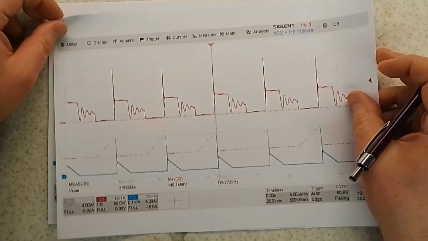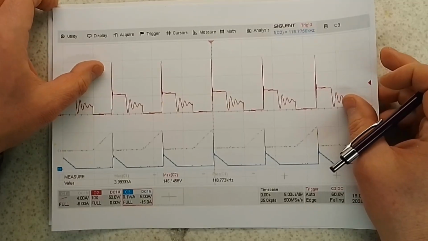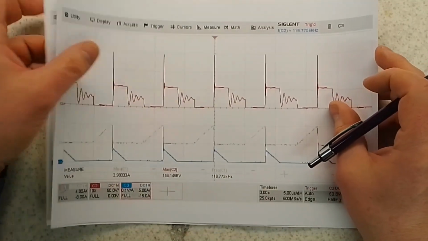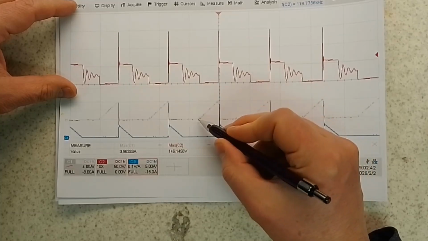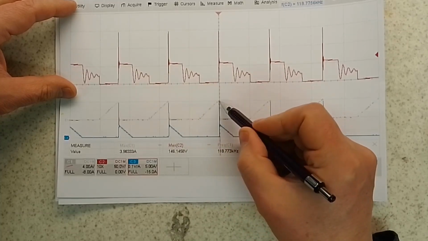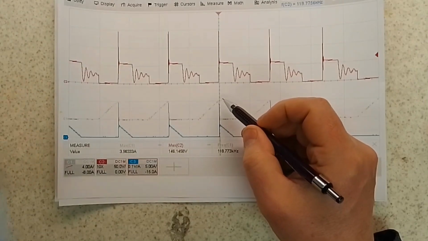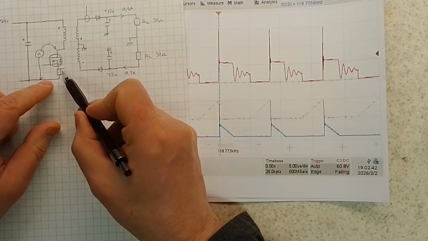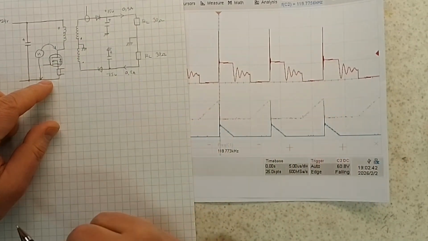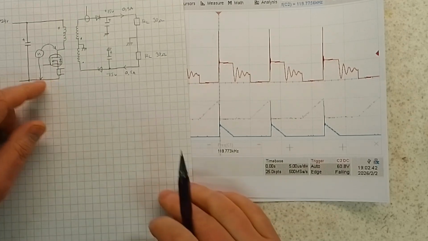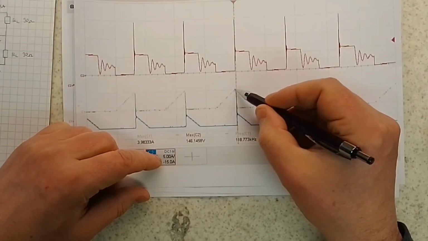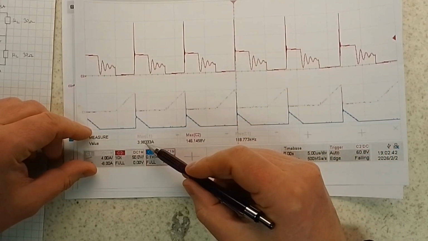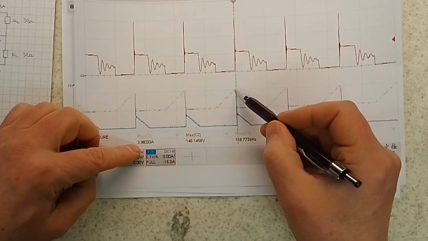Here we have the test results. This one here is primary current, which is measured here, with the shunt resistor, and we can see it ramps up until it reaches a value of about 4 amps.